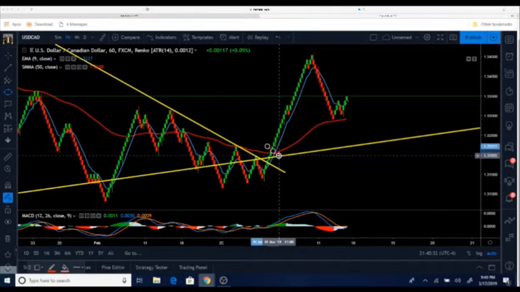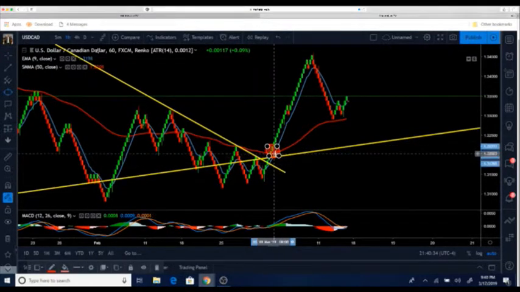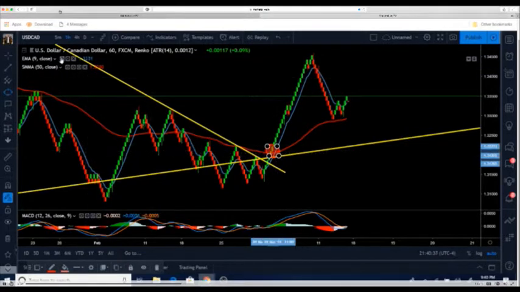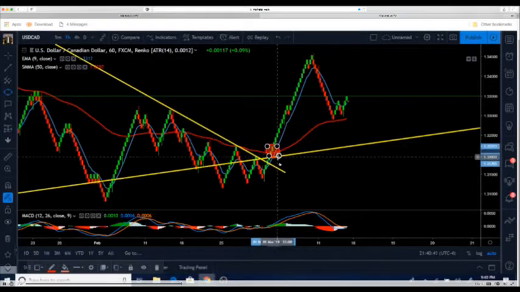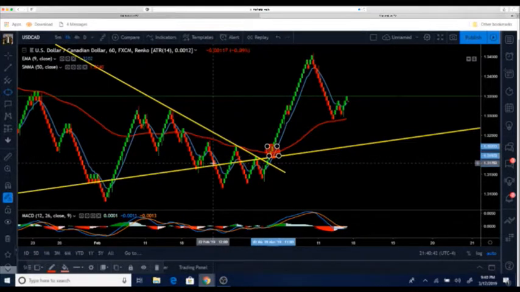See that cross? That would have been a tight entry. But check this out. The smaller the time frame, the tighter your entry can be. What if I told you guys you can zoom all the way down to the 1 minute?